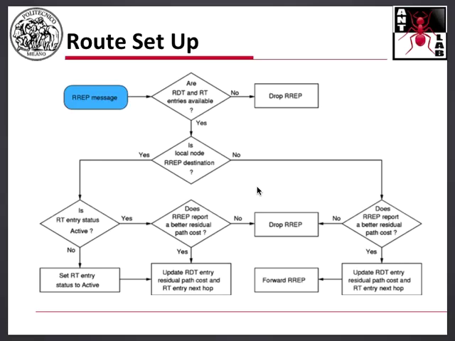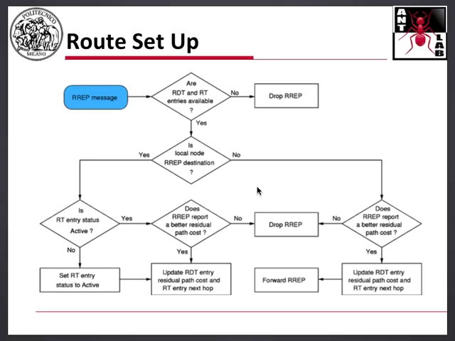Okay, so in other words, is the current node involved or not in this route request, route reply process? Okay. If the answer is no, it's just a route reply which is received by accident, so the route reply is dropped. Okay. If the answer is yes, it means that the current node was somehow involved in the route request process, so it has some trace in its own tables that this process is ongoing.